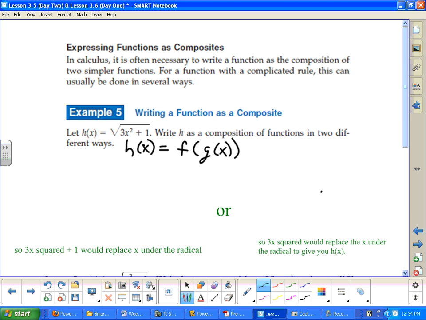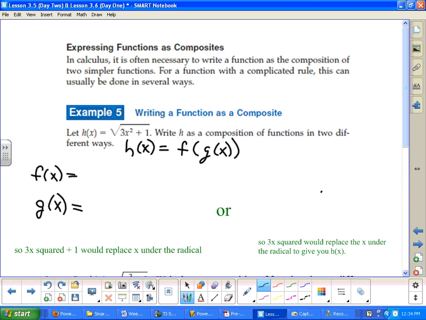And I can't do it by, excuse me, by letting one of them be just x. It has to be something other than that. So what we can do is a couple different things.